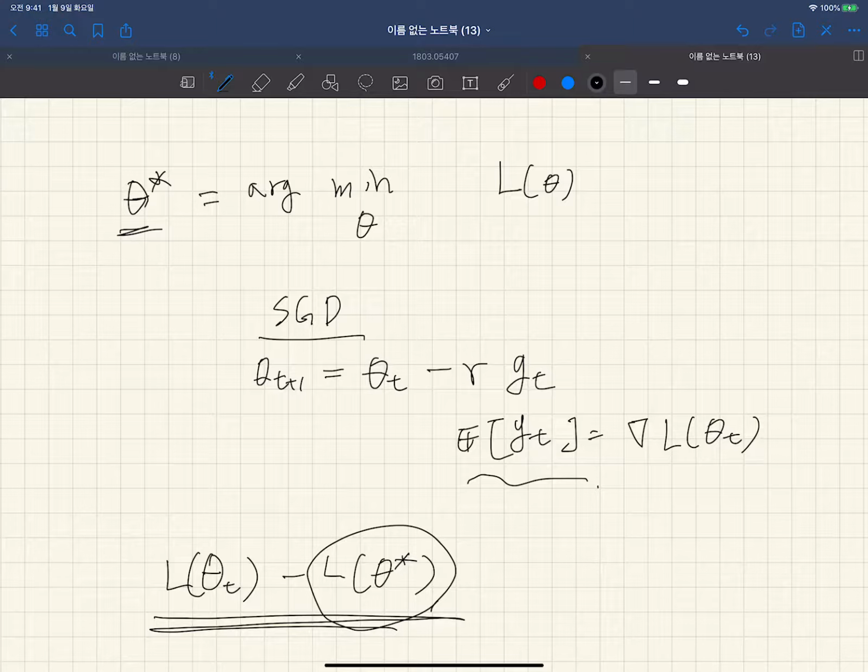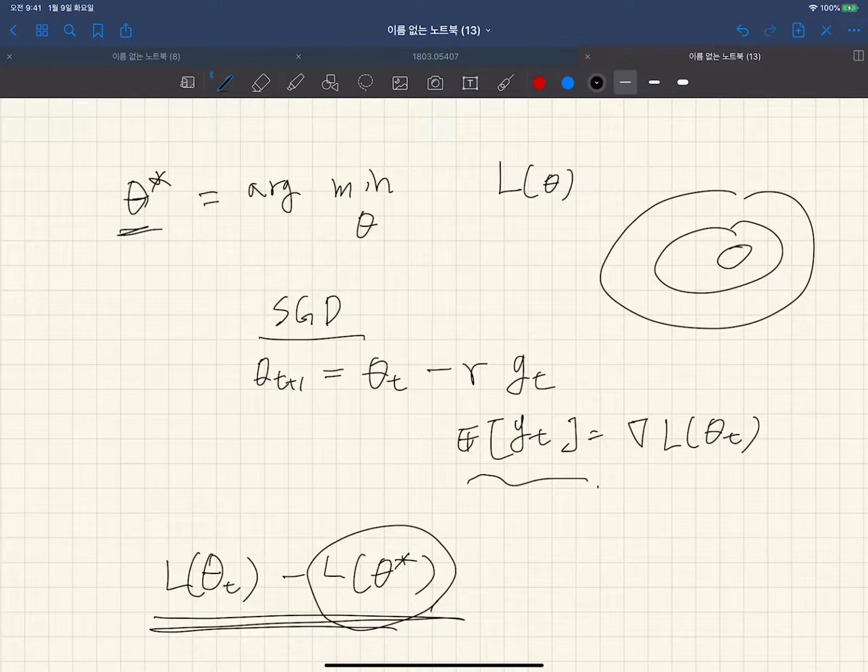But in terms of generalization, because stochastic gradient descent cannot go to your optimal point, let's say this is a contour of your loss function surface, then your stochastic gradient descent algorithm just randomly moves around your optimization point, and this point usually has better generalization properties. So in terms of test error, zeta t can be better than zeta star, and this is true in practice.